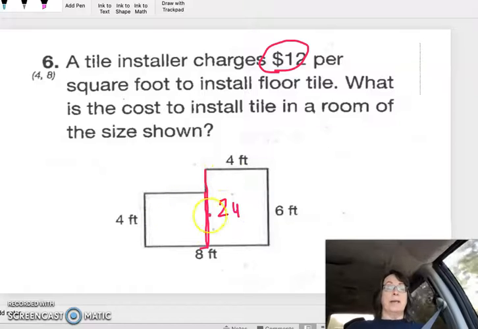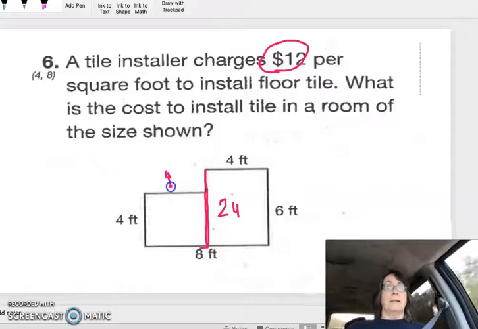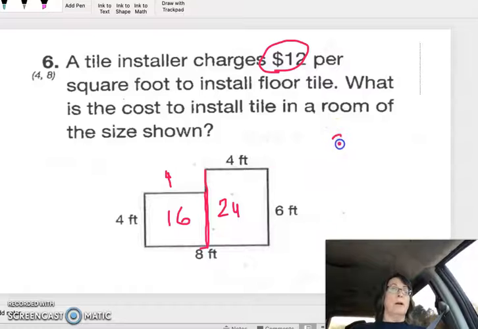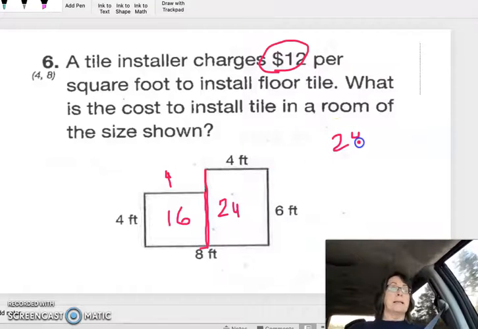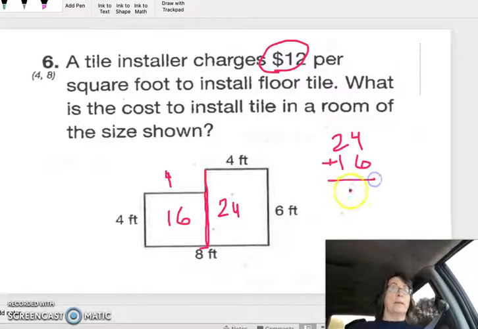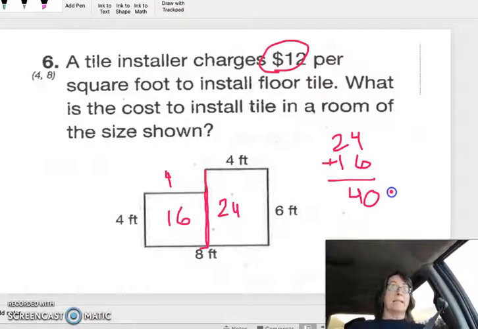And this one over here, since I have 4 feet from 8 feet altogether, this is also 4 feet. So 4 times 4 is 16. And 24 plus 16 is 40. So I have 40 square feet.